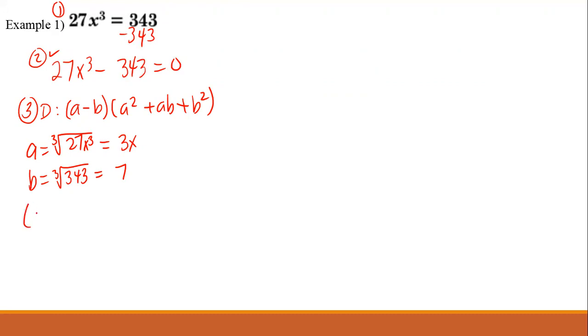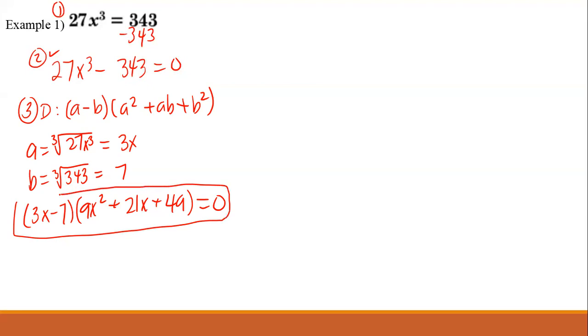So our factor is going to be 3x minus 7 times 3x squared, which gives us 9x squared, plus a times b, which is 3x times 7, 21x, plus b squared, so 7 squared is 49, equals 0. So these are our factors.